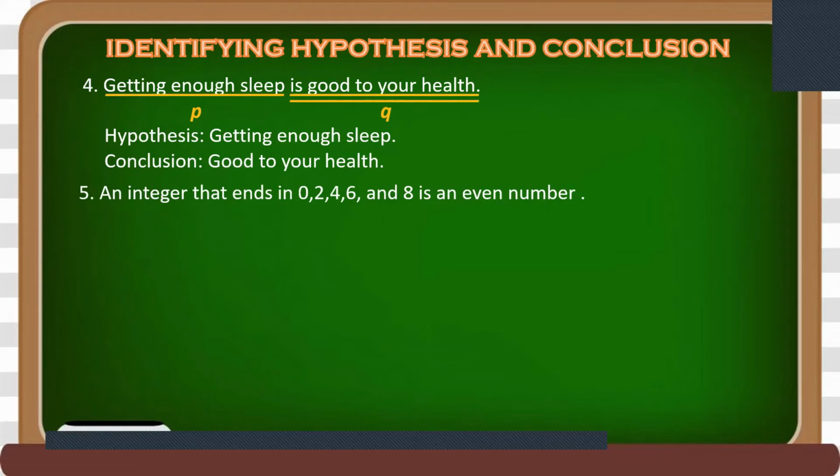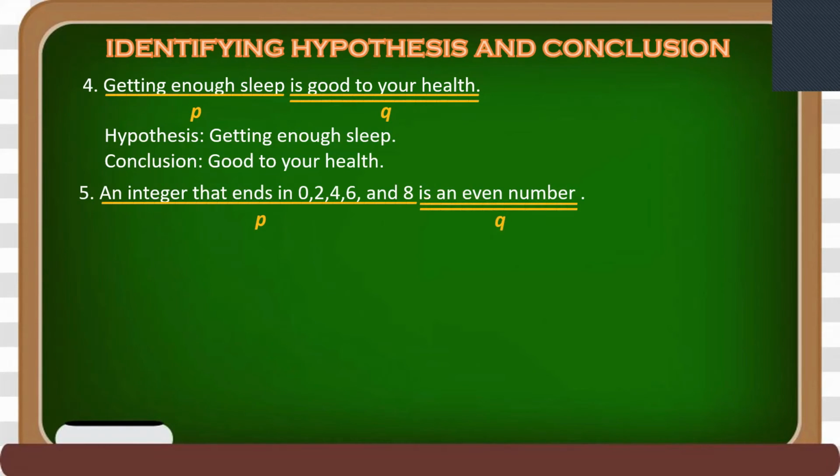For number 5, an integer that ends in 0, 2, 4, 6, and 8 is an even number. Our hypothesis is an integer that ends in 0, 2, 4, 6, and 8. And our conclusion is an even number.